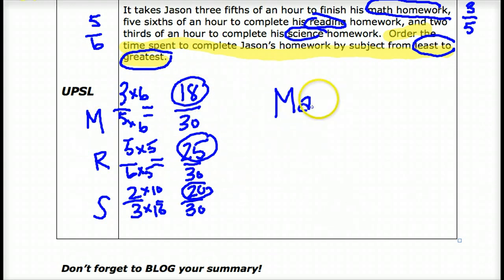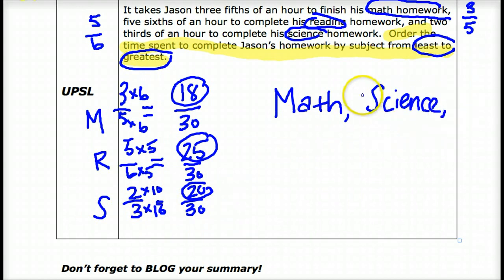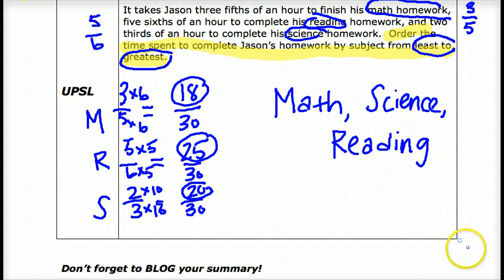So math is our first subject, followed by our next least, which is science at 20/30. And the subject with the greatest amount of time would be the 25/30, which corresponds with reading. So we know that he did his subjects in order of math, science, then reading.